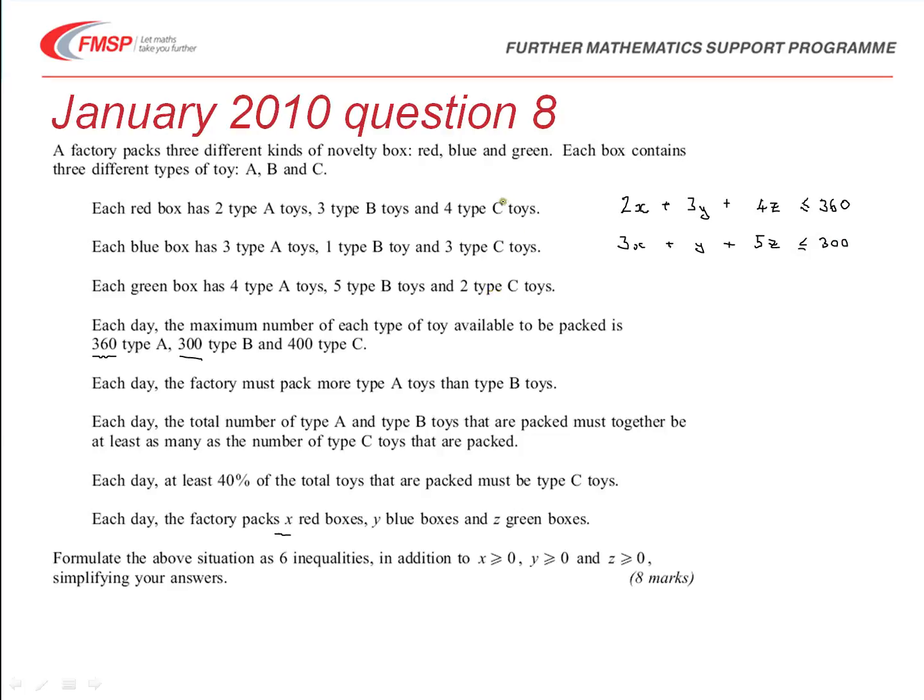Similarly, for type C toys, we would have 4X in the red boxes, 3Y in the blue boxes, and 2Z in the green boxes, and that could be no more than 400.